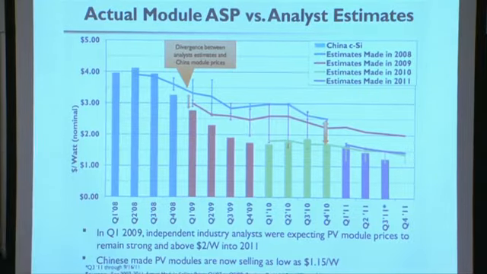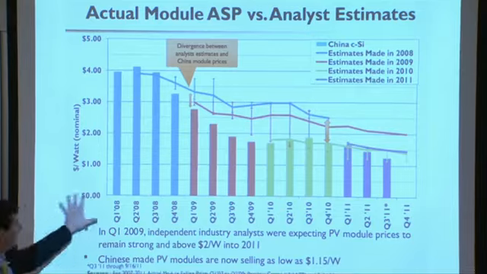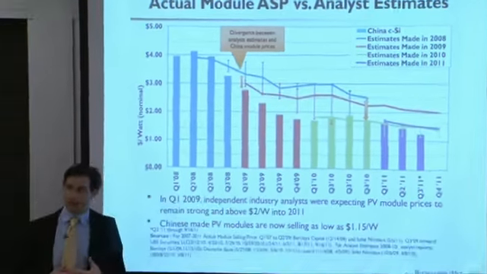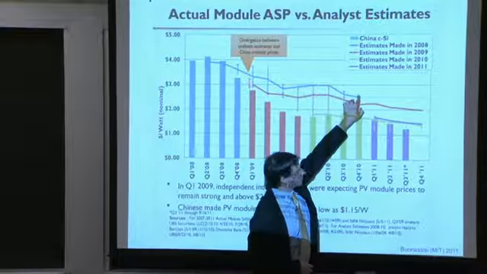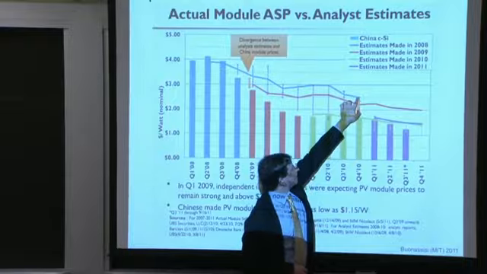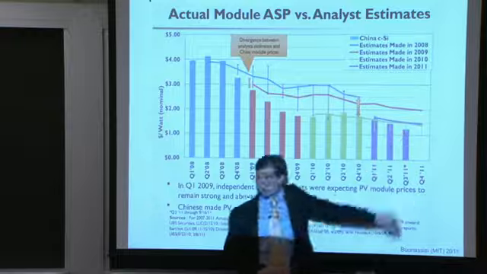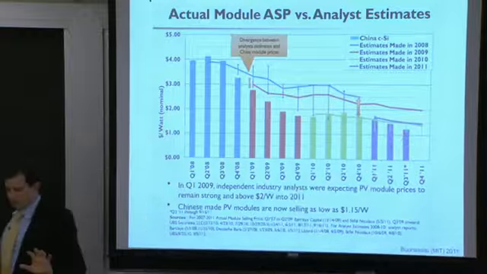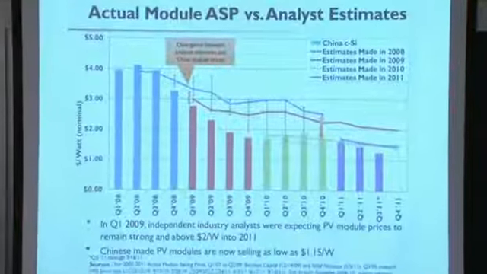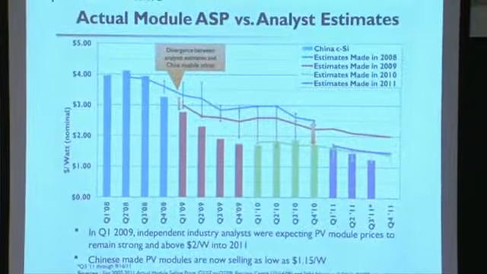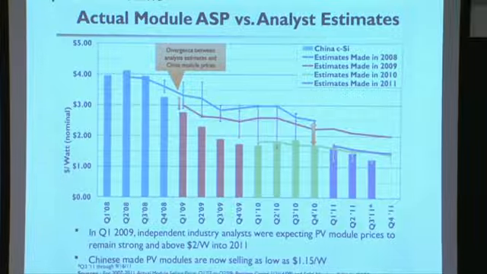And as a result, companies that were formed in, say, 2007, 2008, and got venture capital and saw one of these lines right here and said, oh, we're going to be able to intersect them in 2010, are now looking at these sorts of prices here, right? And saying, oh, gee, we're not going to be able to intersect them in 2010. It's going to be more like 2015 before we get our production costs low enough to compete at those prices.